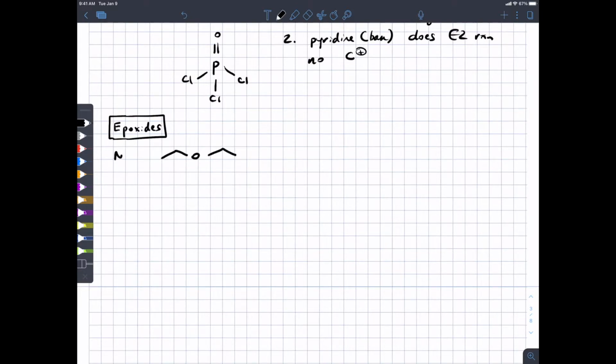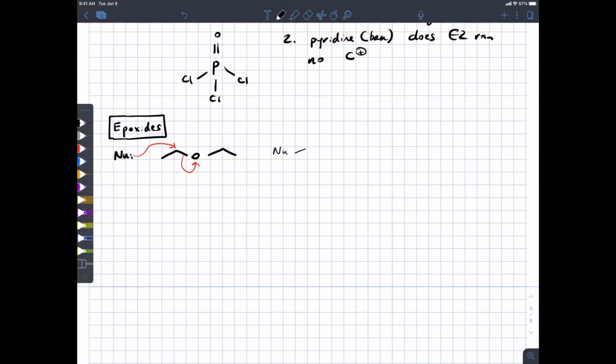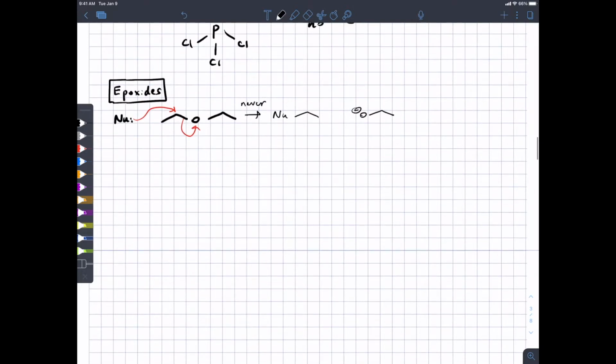Recall that a while ago I told you that doing an SN2 reaction on an ether where OR minus was the leaving group was a terrible idea because OR minus is a terrible, horrible, no good, very bad leaving group. The exception to that, though, is when your ether is part of a strained three-membered ring.